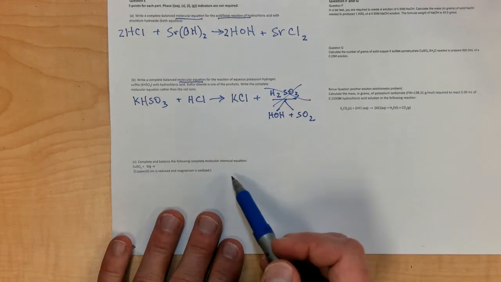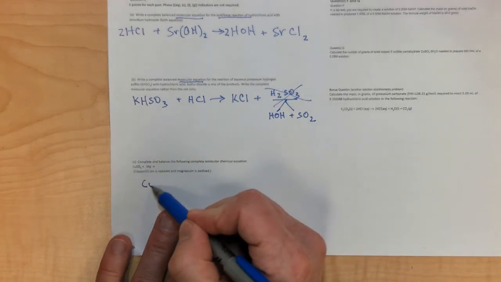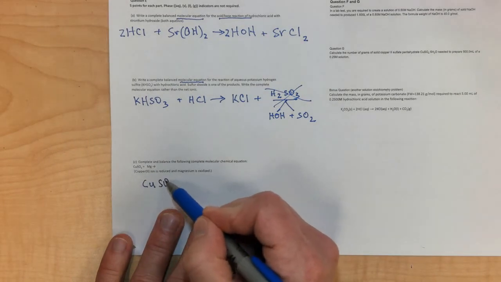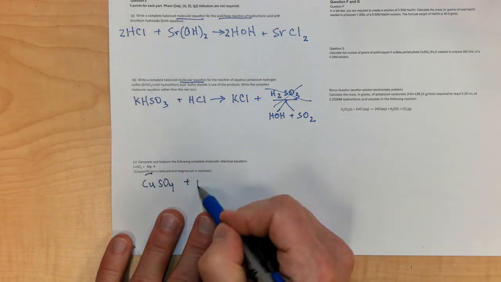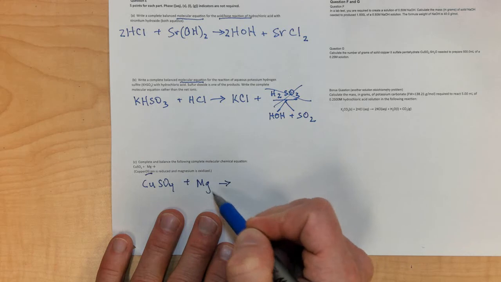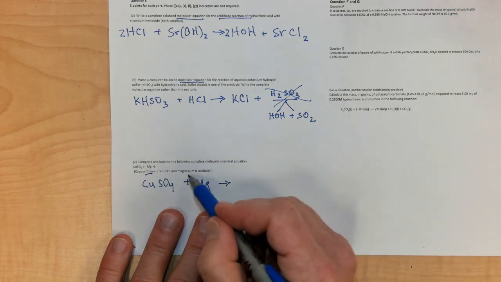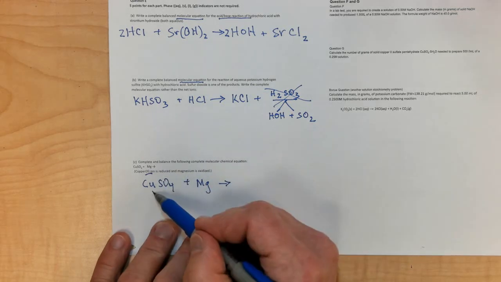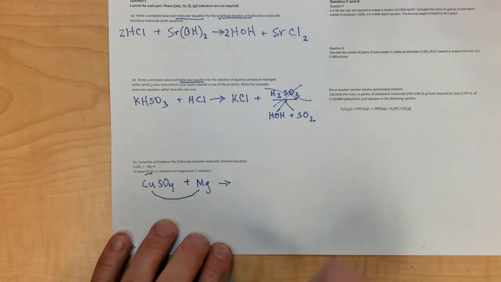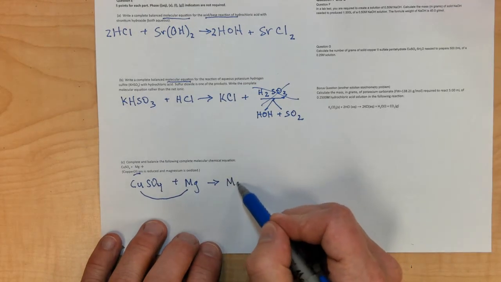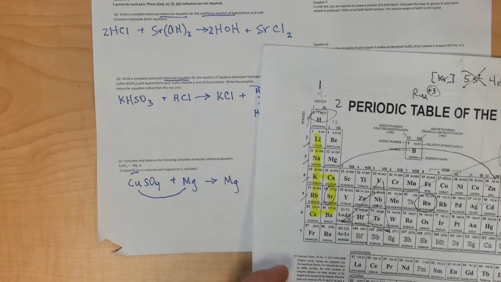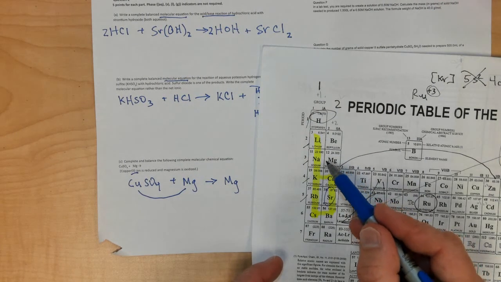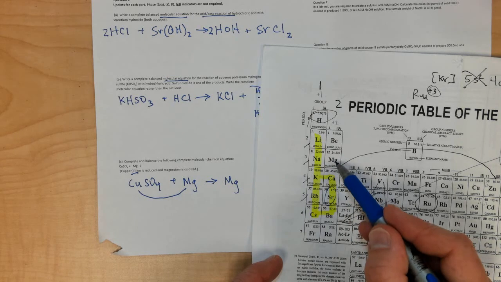Complete the balanced molecular equation. Copper sulfate, which has copper in the +2 ion state, and it tells us that copper is reduced and magnesium is oxidized, which means copper and magnesium must swap places to get magnesium to be oxidized to a charge. If I don't know what charge magnesium would be oxidized to, look on the periodic table.